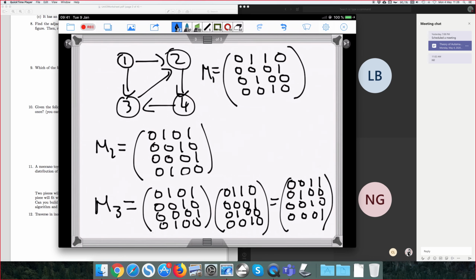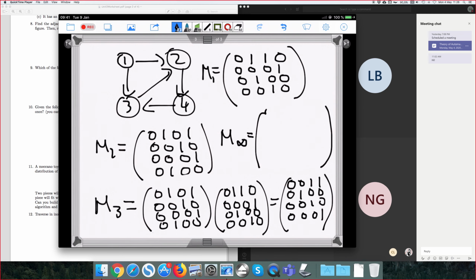reachability matrix, okay? And now to compute what we call M infinity, the whole reachability matrix of the graph, I need to compute the Boolean addition of M1, M2, M3 together with the identity, which is M0, the zero order reachability matrix. Each vertex is reachable from itself with a path of length 0. So it's the identity.